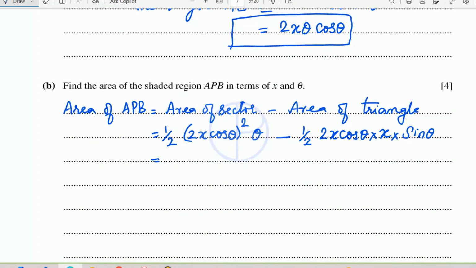So this is equal to 2x square cos square theta multiplied by theta.